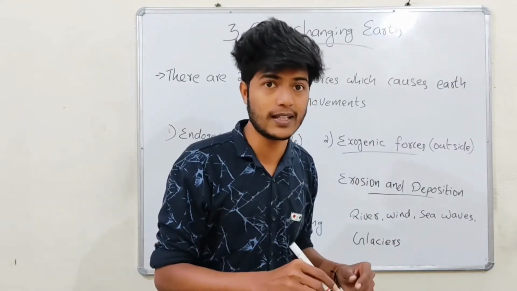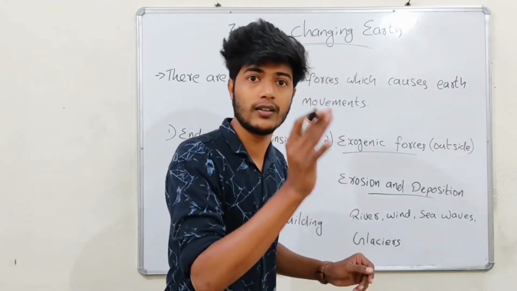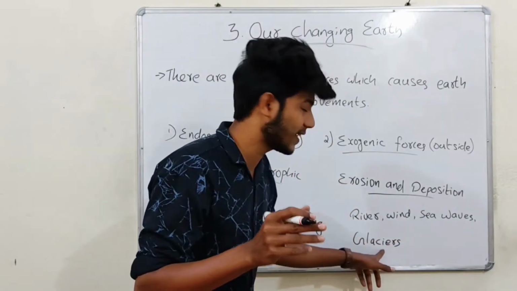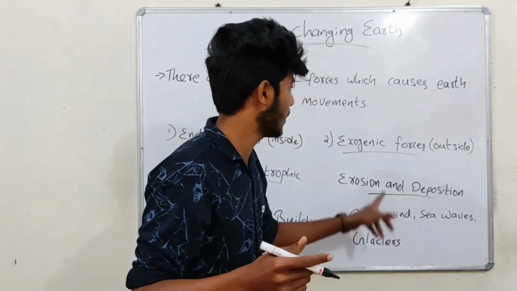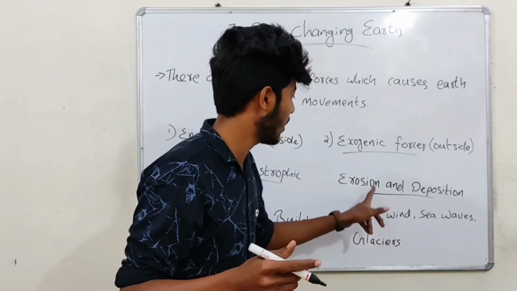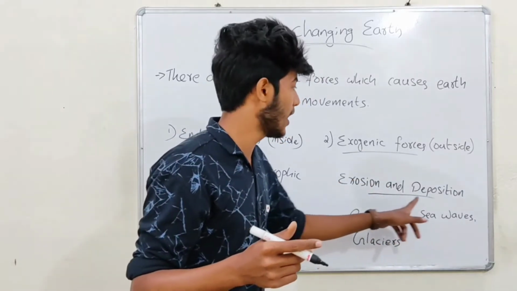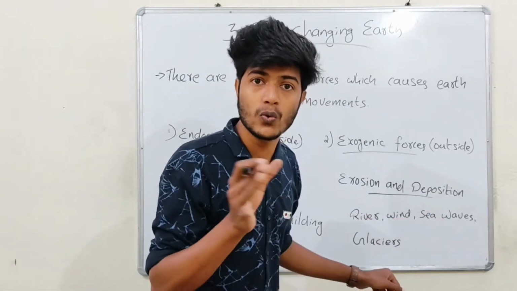And if this ice is melting, the glaciers will also flow like water. And these glaciers are not inside the earth, they are outside the earth. So the glaciers are examples for exogenic forces. And these glaciers also cause erosion and deposition. Why? The glaciers also move.